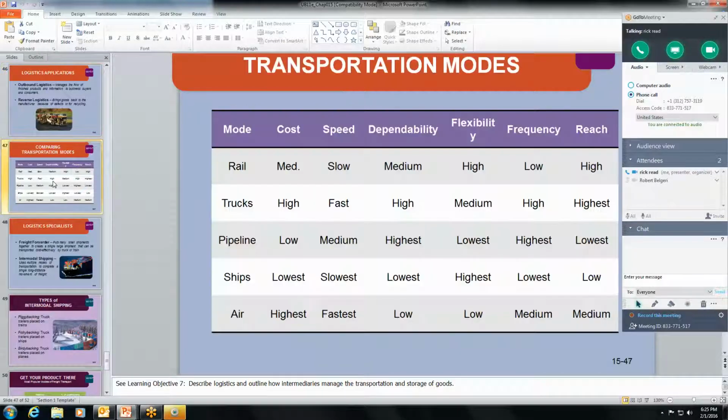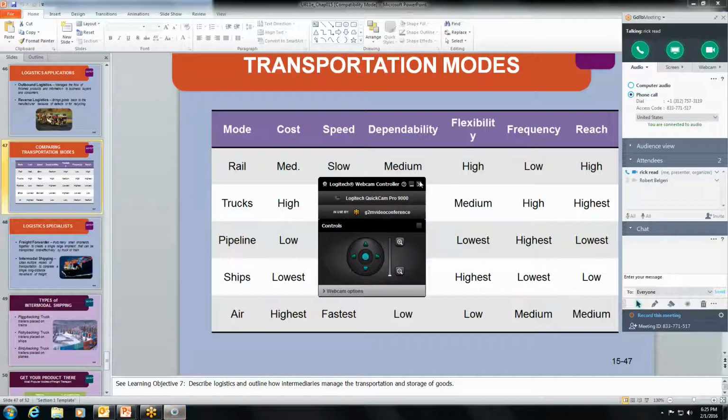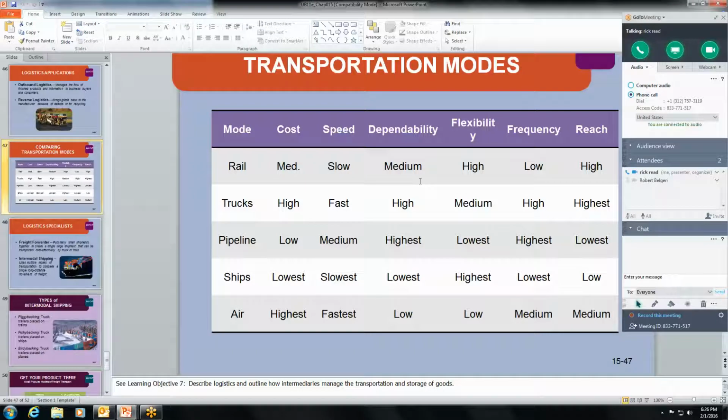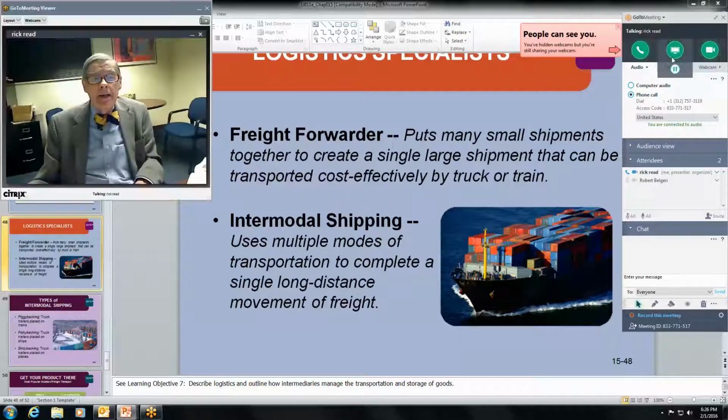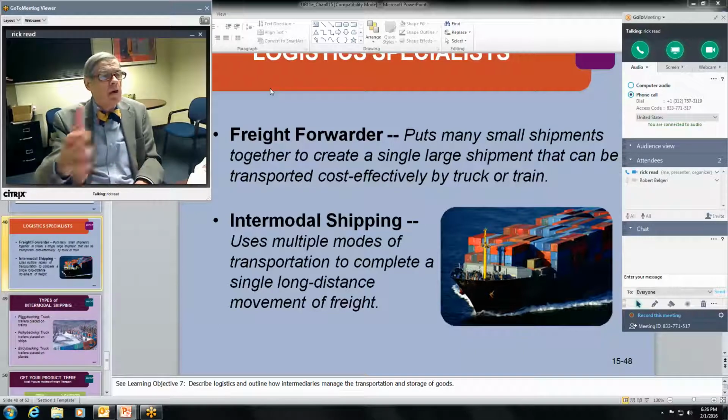Now, these are the various methods of transportation. Notice we have rail, trucks, pipeline, etc. This is graphically displayed for you in the text, figure 15.8, top of page 436. We have logistics specialists who are known as freight forwarders in some areas, and put many small shipments together to create one large shipment.